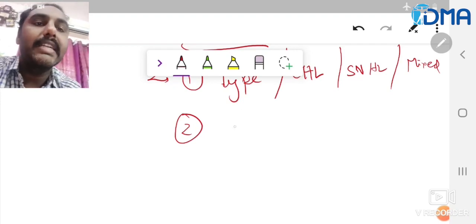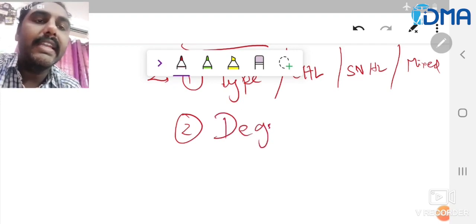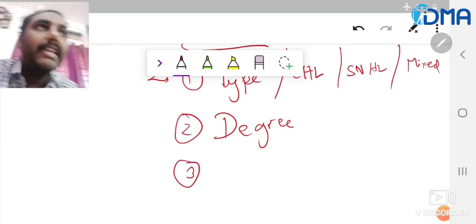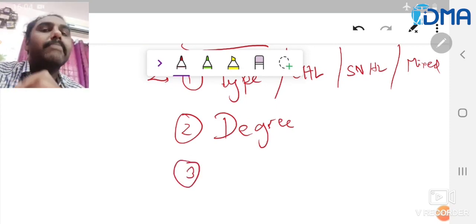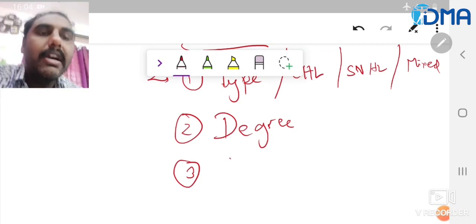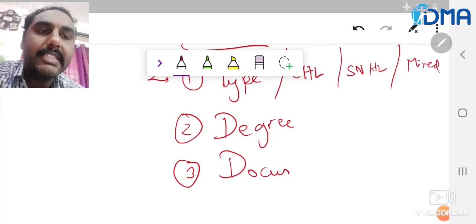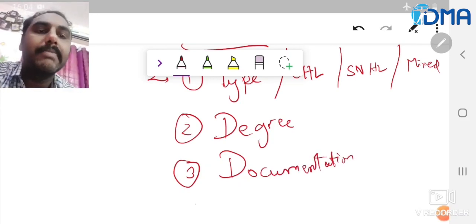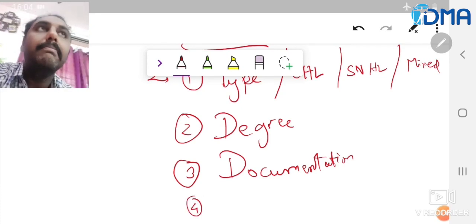That is the degree of hearing loss. And one more thing, this is very important for documentation purposes. When we are proceeding for a surgery, we want to document how much hearing loss the patient has. The third important use is for documentation and for medico legal purposes.